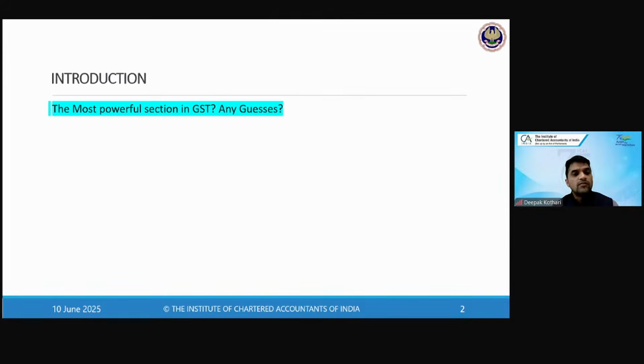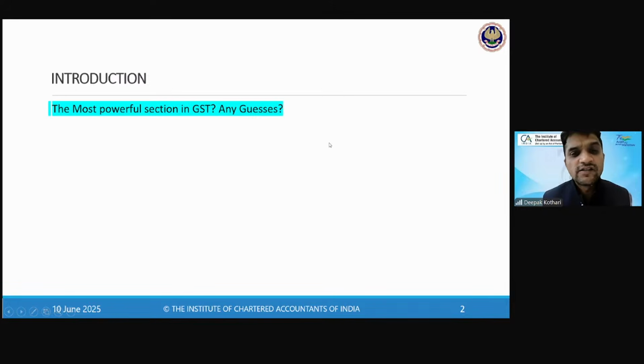Now, tell me which is the most powerful section in GST? In the GST law, what is the most powerful section? Any guess?